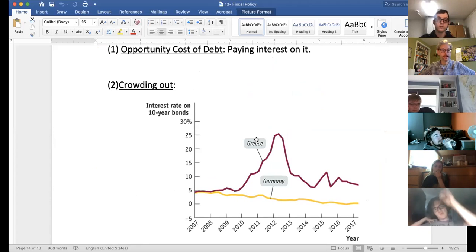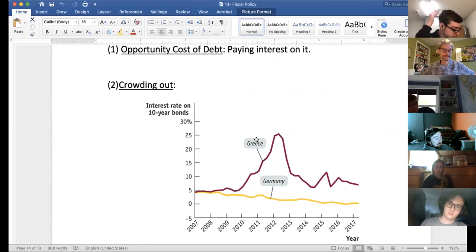They went up and up and up. And look at during the worst of the debt crisis, Greece was borrowing at 25 to 30% a year. That's astronomical. That's a catastrophe to be borrowing at that rate, while Germany is borrowing at 1 or 2% a year.